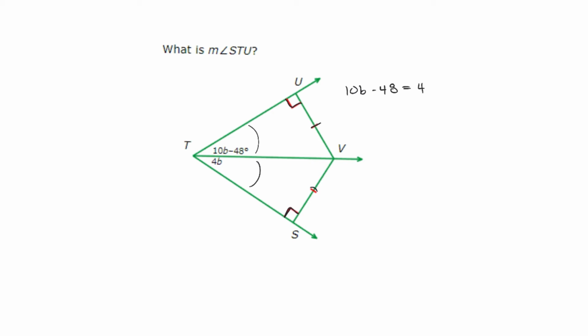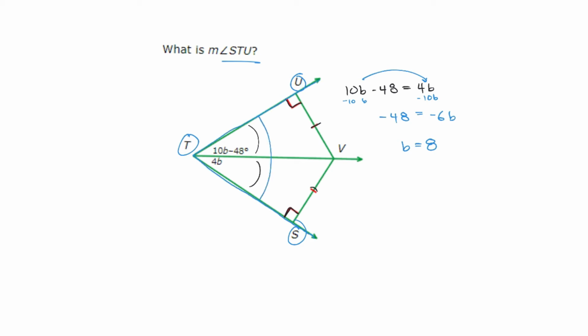Solving, negative 48, I subtract 10b from both sides, equals negative 6b. b is equal to 8, but they want you to plug in and use the letters S, T, U to find which angle they're asking about.